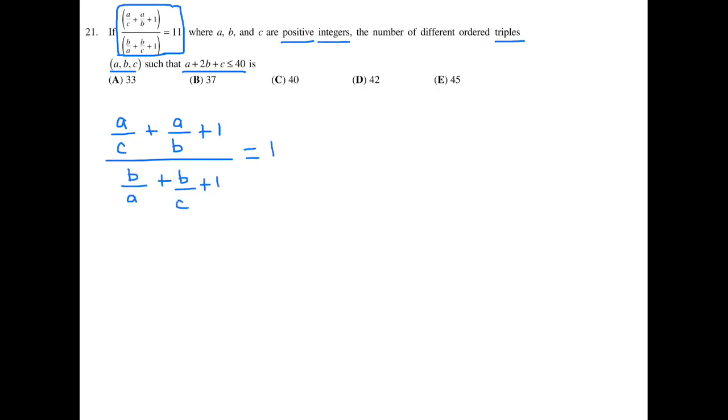So let's take this one step at a time. The first thing, of course, we need to do is work with this right here. And I'll write it out. a over c plus a over b plus 1, all over b over a plus b over c plus 1, is equal to 11.